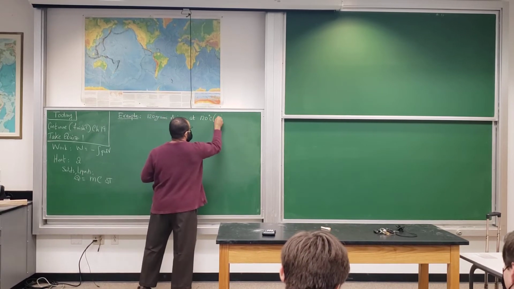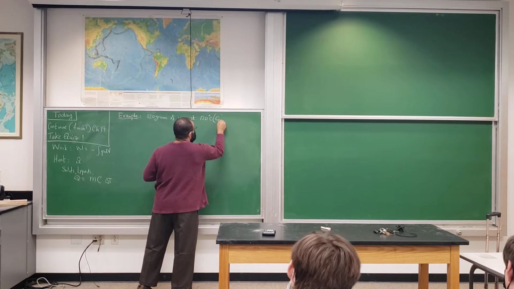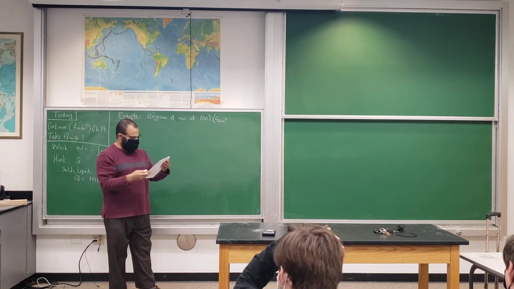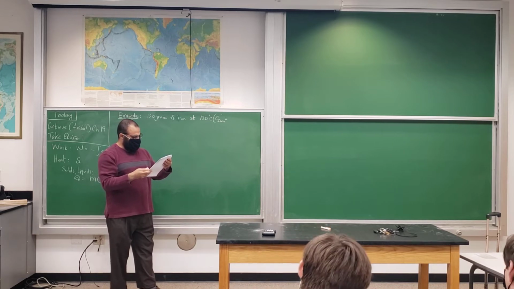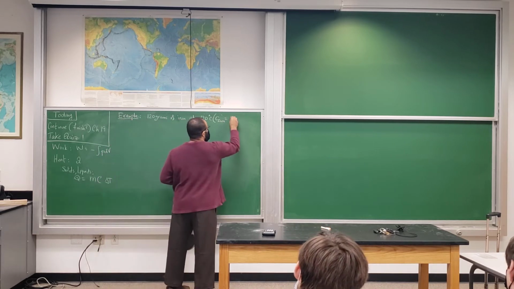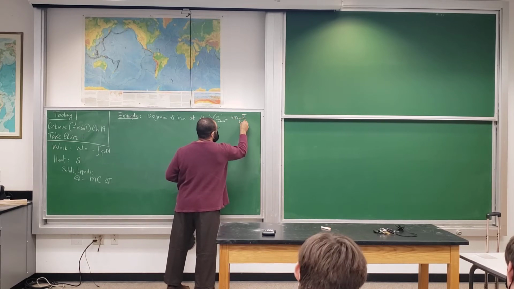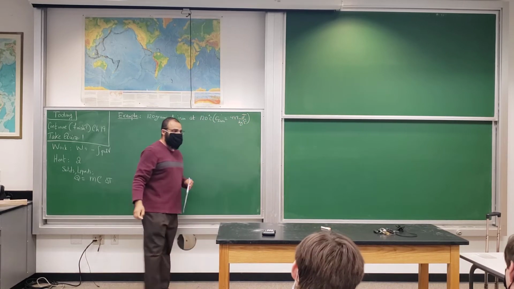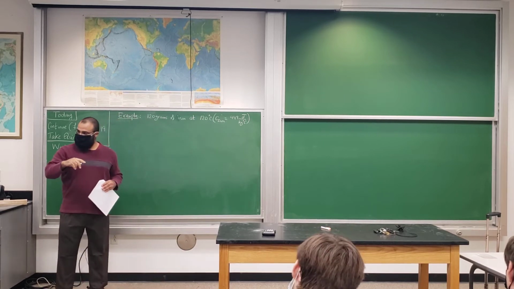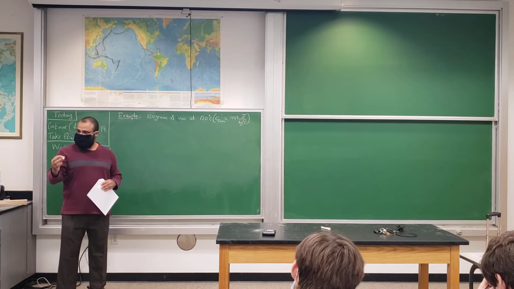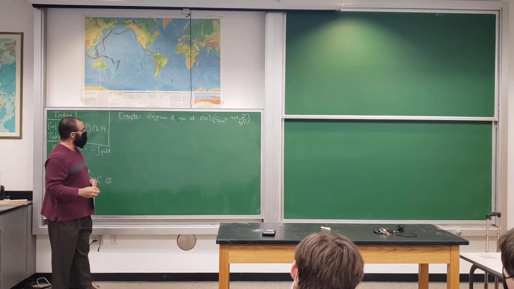And by the way, the specific heat of iron, I'll just give it to you: 449 joules per kilogram per degree Celsius, or per Kelvin. Right, remember per Kelvin is the same as per degree Celsius, because a change of 1 K is the same as a change of 1 degree Celsius.